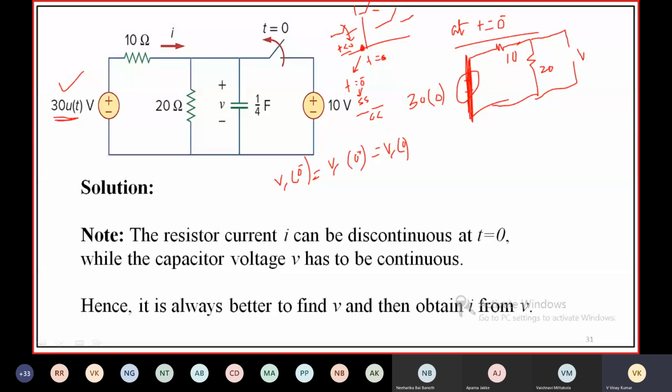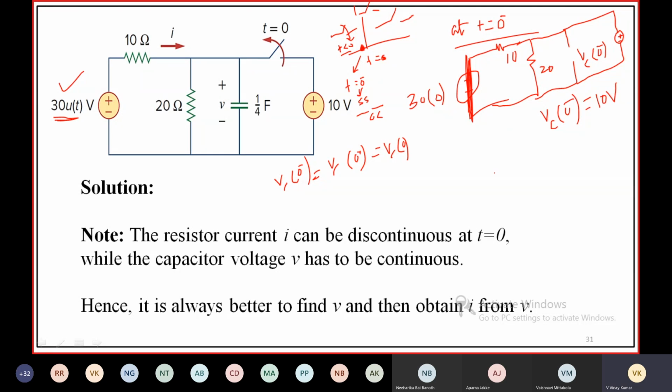So this will be Vc of 0 minus, with the switch in closed position at t is equal to 0 minus. So Vc of 0 minus, the initial value, is equal to 10 volts.